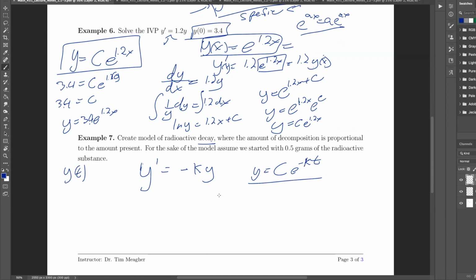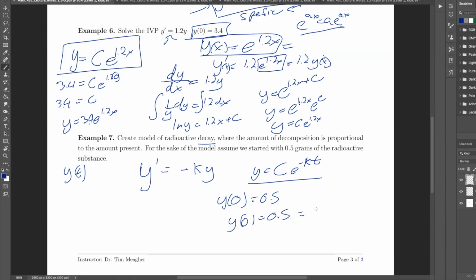And then what do we have? Our initial condition is we start with, so at time 0, y of 0 is 0.5 grams. So what do we have here? We'll just plug this in for the initial condition. So we have y of 0 equals 0.5.